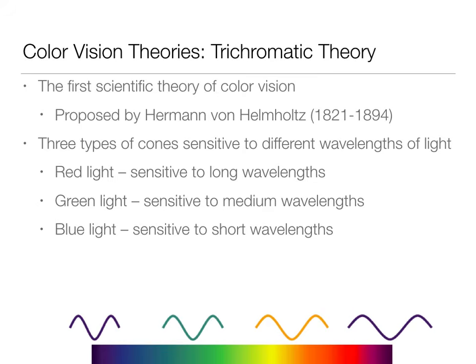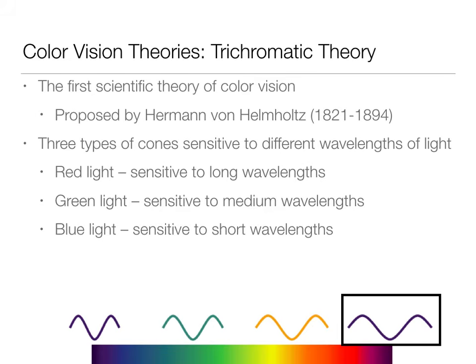So remember we said that the long wavelengths are those red lights, the short wavelengths are those blue lights, and those medium wavelengths are kind of the green lights. And what von Helmholtz said, and others have backed up, is that there are these three kinds of cones that are sensitive to these ranges of color.